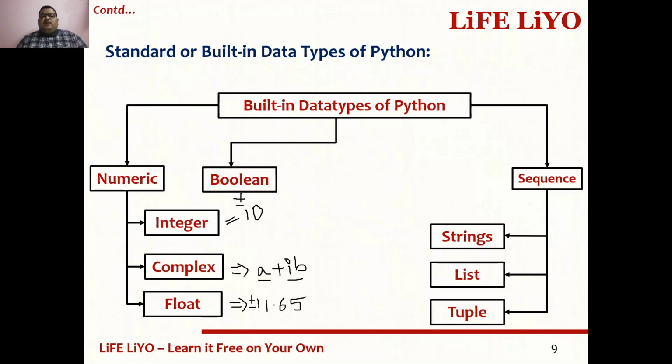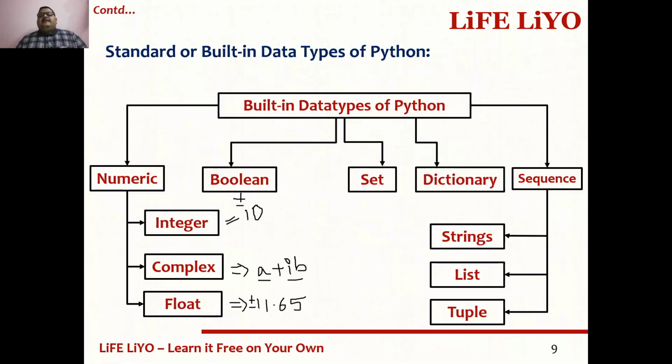Next, Boolean. You know Boolean means only two values, either true or false. Next, sets. This is another data type. And the last one is dictionary. So our Python supports the main data types: numeric, Boolean, set, dictionary, and sequence.